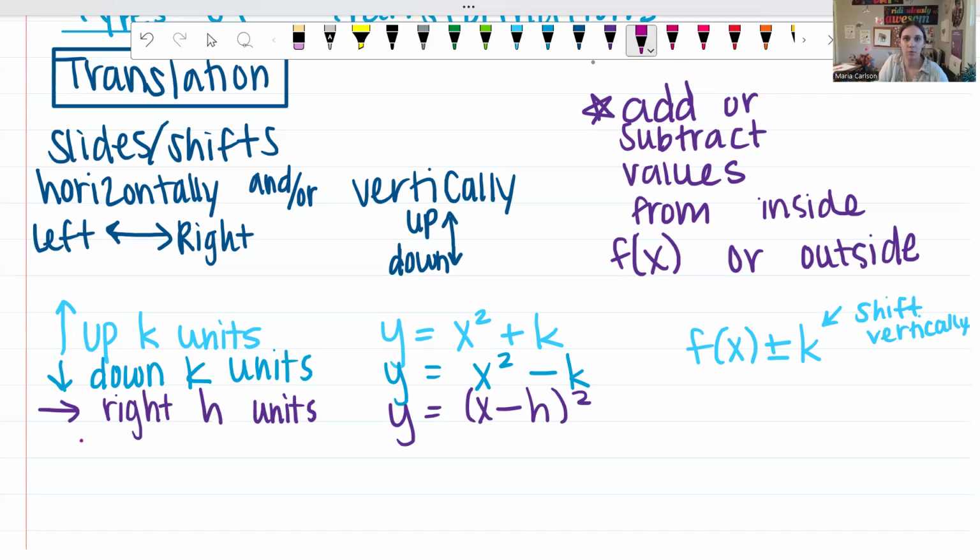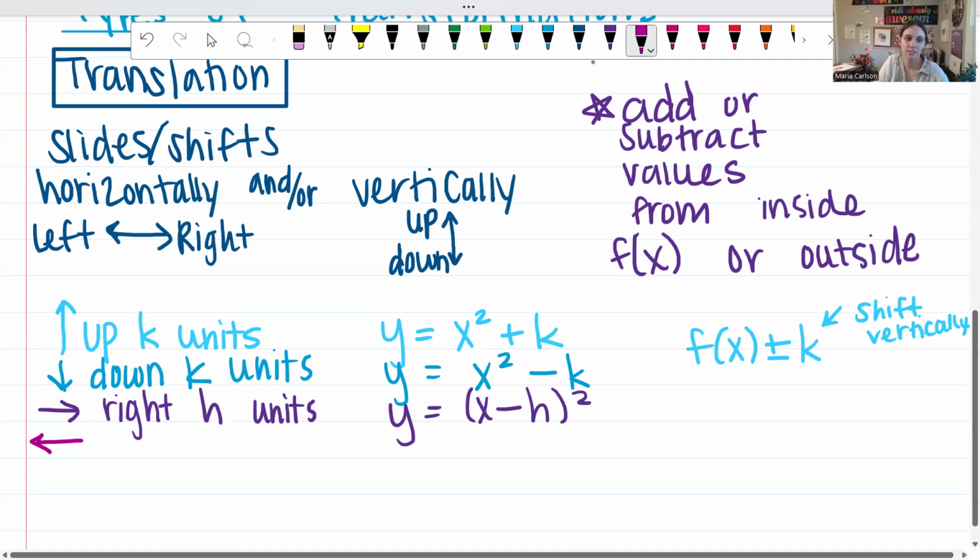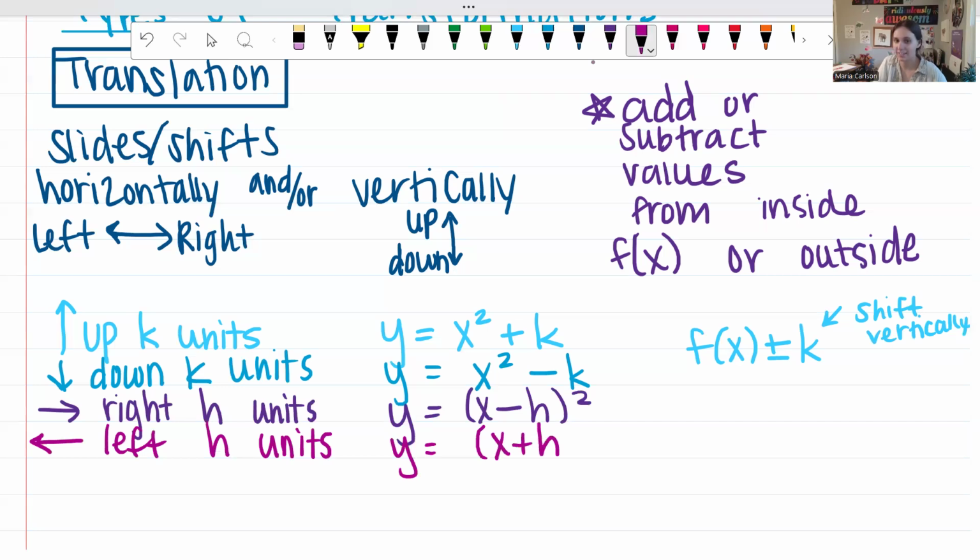And then if I want to go to the left h units, then inside with x, I am going to have h added. So I have y equals x plus h squared. So up above here, when we were moving up or down, we added k outside.